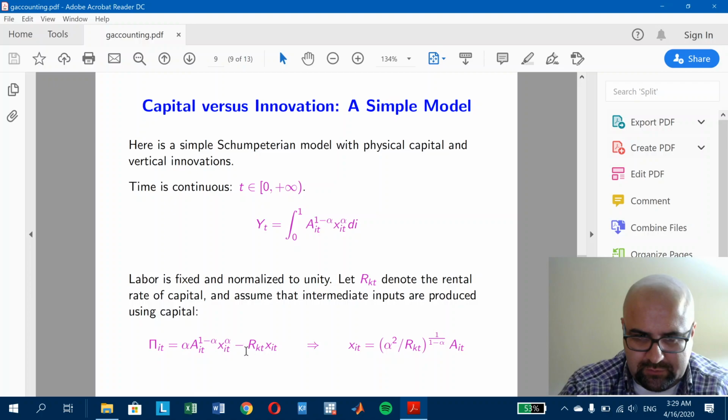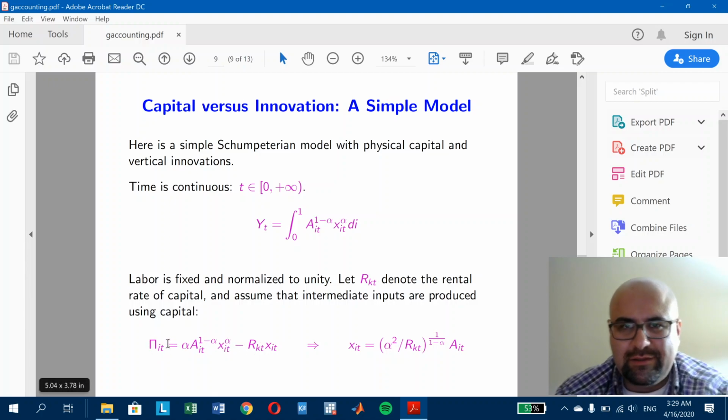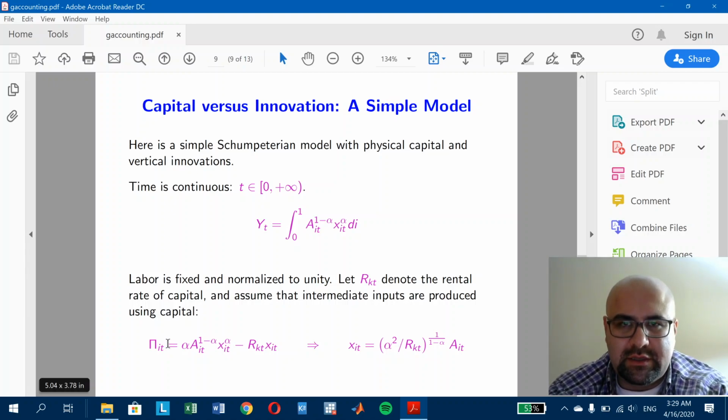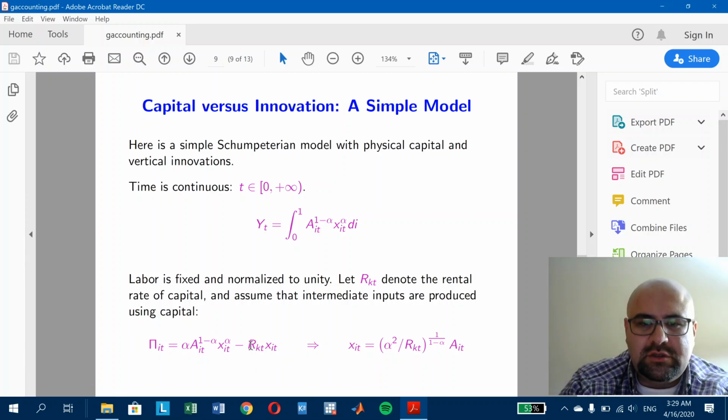Okay, so this is the profit function of the local monopoly that produces product variety i in period t, and the cost is associated with the capital good purchases. All right, so to produce x_it units, the firm needs x_it units of capital. For each unit of capital, the firm pays the real rental cost. Okay?